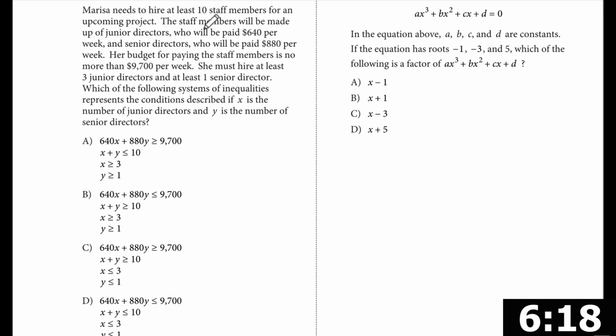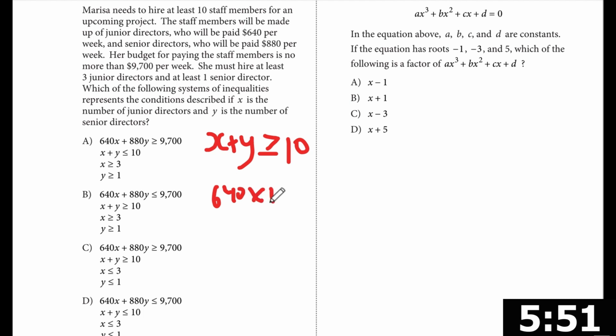Now, Marisa needs to hire at least 10 staff members for her upcoming project. These staff members will be made up of junior directors who will be paid $640 per week. So I'm just going to say junior directors are X, and senior directors will be paid $880 per week, so senior would be Y. So X plus Y is greater than or equal to 10, then 640x plus 880y.